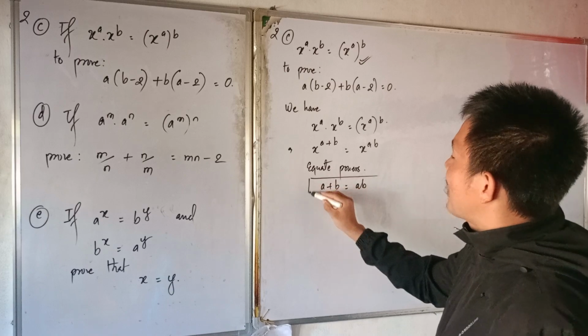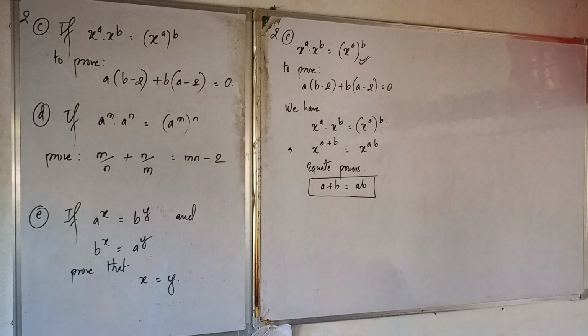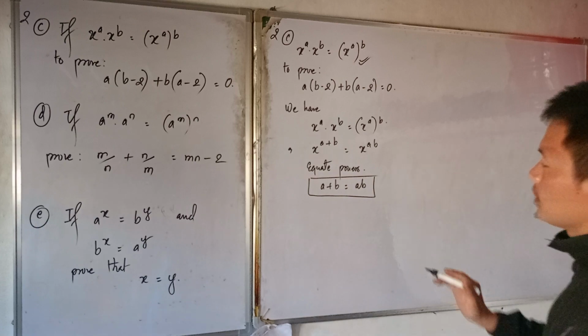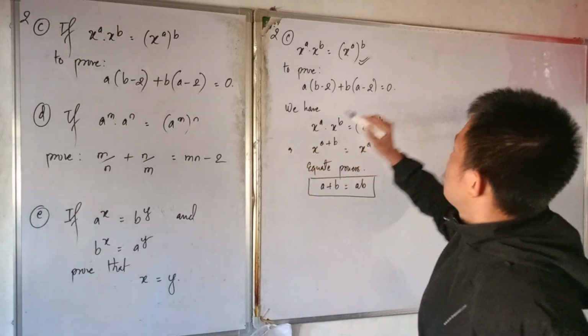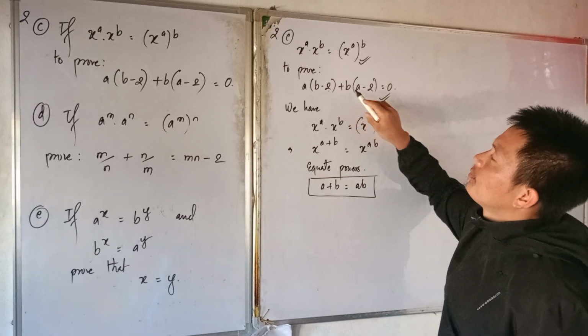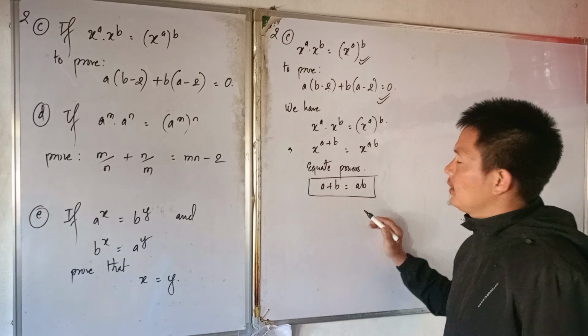After establishing this relation, you have to prove this part. Because of this 2 here, you have to multiply both sides by 2.